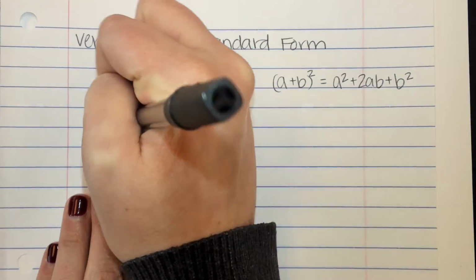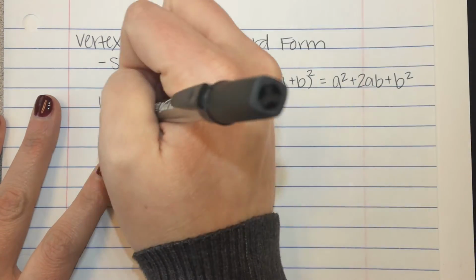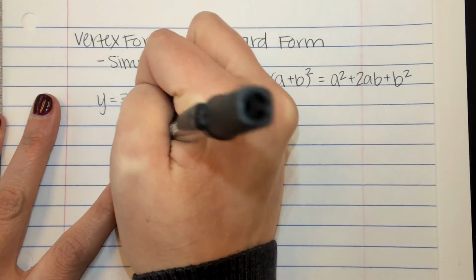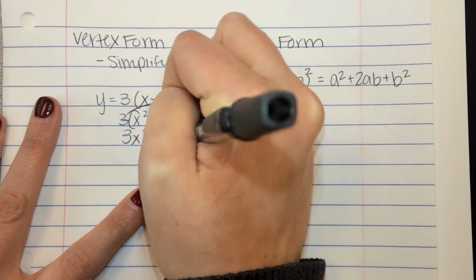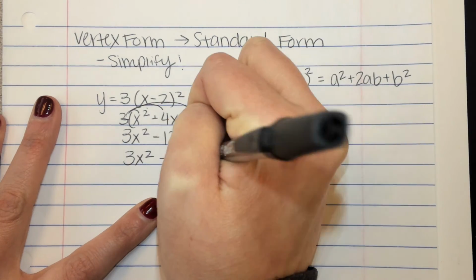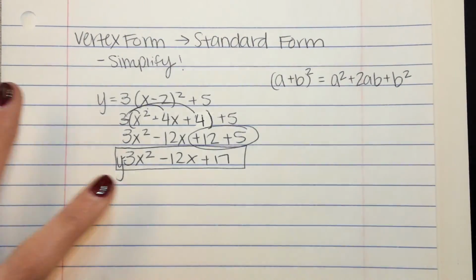Now, the plus 5, and I bring down my 3, so I'm going to distribute this 3, and get 3x squared minus 12x plus 12 plus 5. Combine my like terms, and I have 3x squared minus 12x plus 17. And that's in standard form.